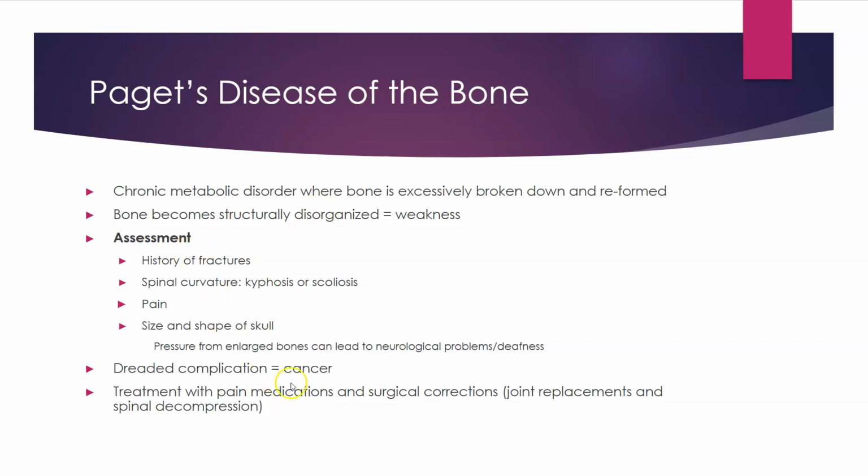So eventually this can lead to cancer because, as it is getting broken down and reformed so rapidly, it's doing it incorrectly, and those cells can mutate into cancer. Treatment: pain management, surgical intervention if needed for joint replacements and spinal decompression, but there's not a lot that we can really do for this process, unfortunately.